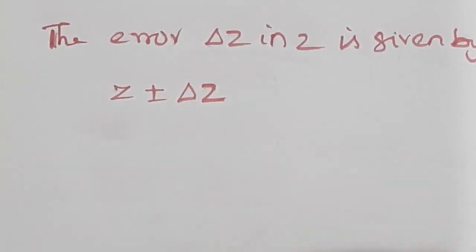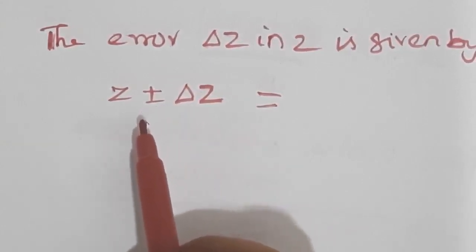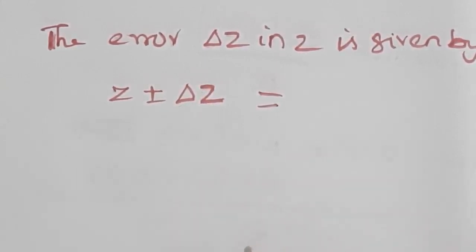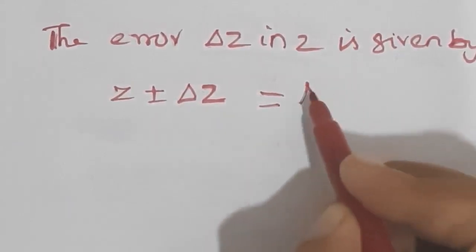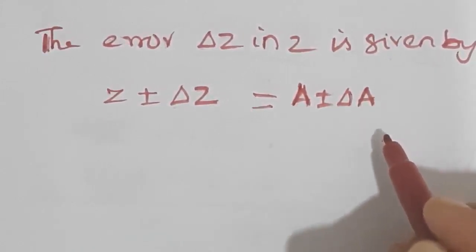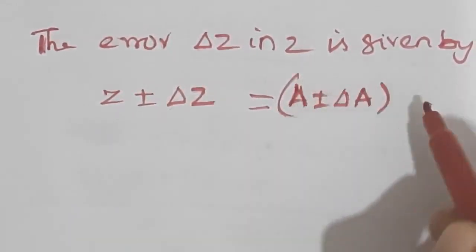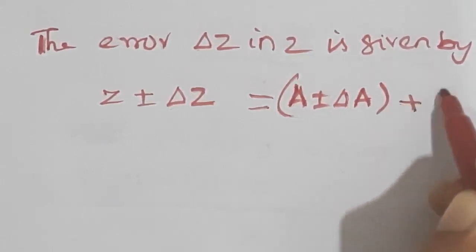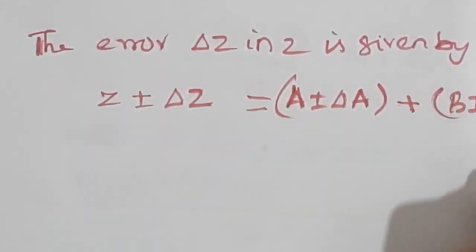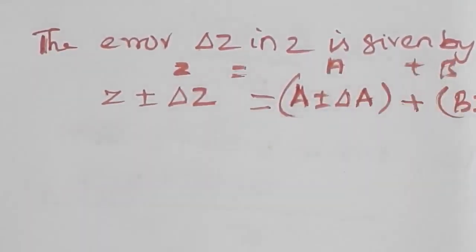So Z plus or minus delta Z can be written from Z equal to A plus B. Instead of A, we write A plus or minus delta A, and instead of B, we write B plus or minus delta B. Z equal to A plus B is the measured sum.